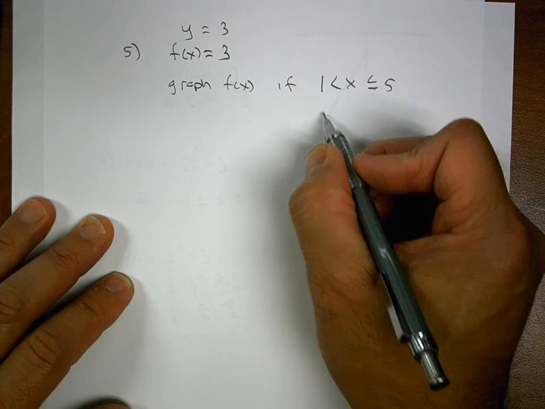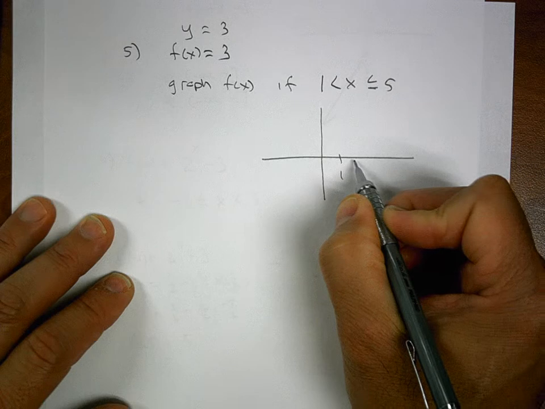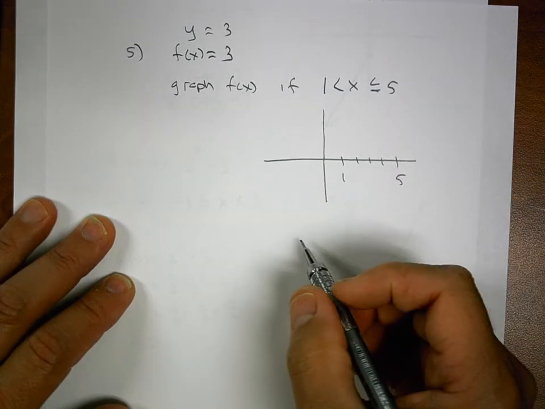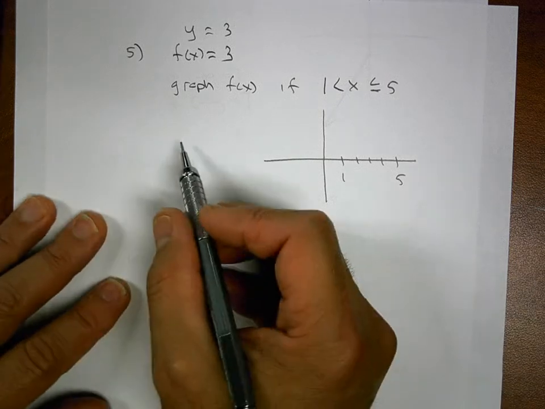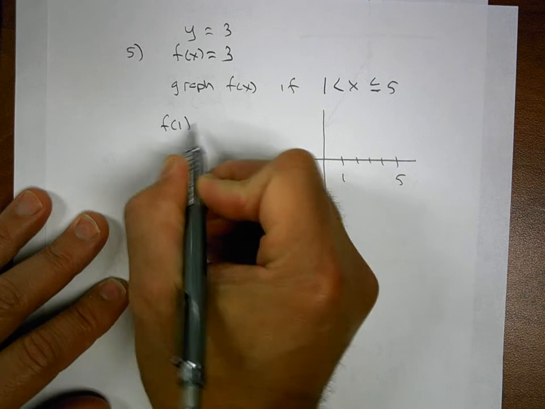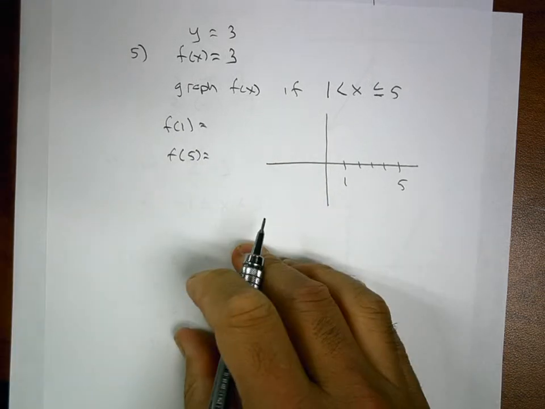All right, so this one should be pretty easy. There's 1, 2, 3, 4, 5. Actually, the homework will be just like this as well. So f of 1, f of 5. This prompts it and makes it a lot easier to graph.